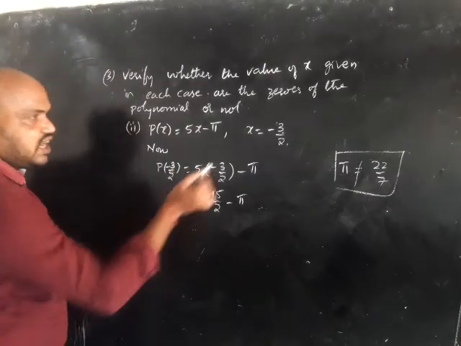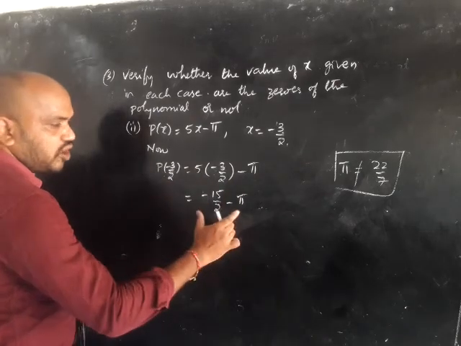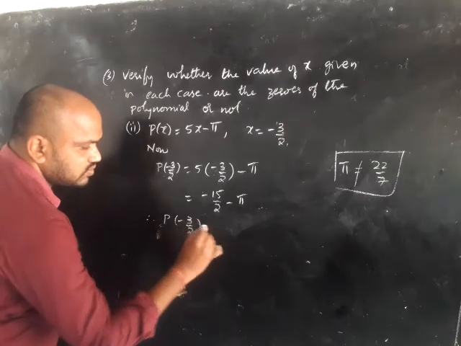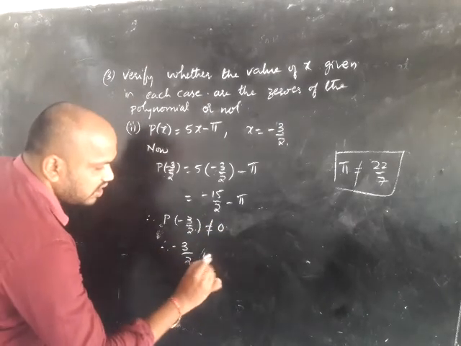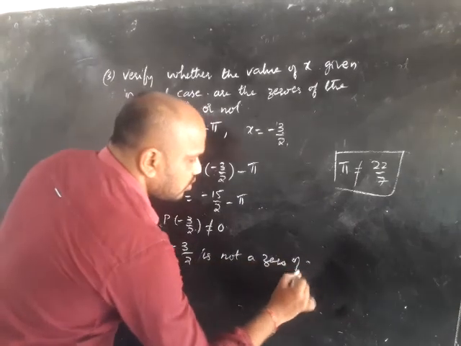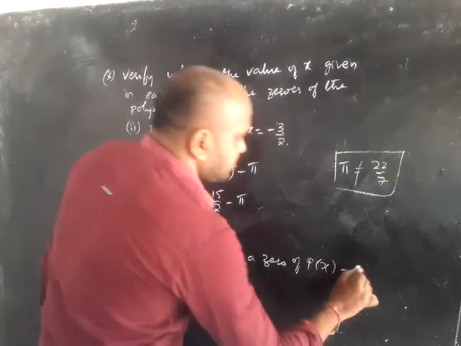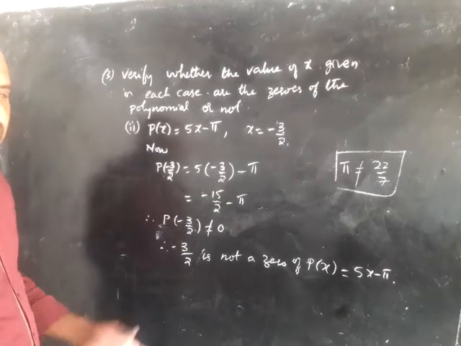Clearly we can see that when we substitute minus 3 by 2 in place of x, the polynomial is not equal to 0. So therefore minus 3 by 2 is not a 0 of p of x, that is 5x minus pi.